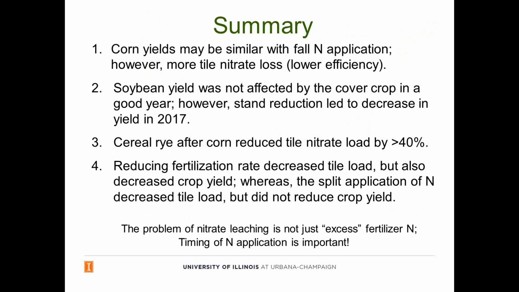That reduced N rate, that 75% rate, how low will that be eventually, and how bad is that going to be for the corn yields? But I sure think it's interesting that most people on the outside looking in say it's all about excess fertilizer, and that's too simplistic. It's much more complicated than that.